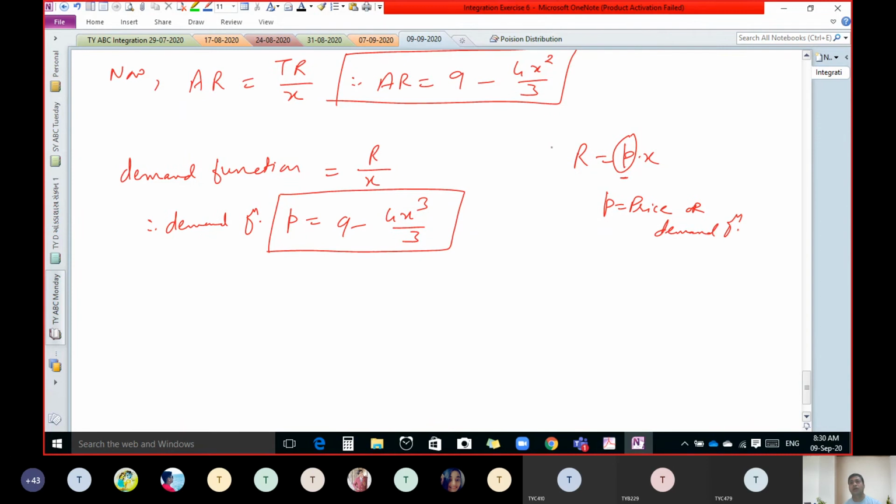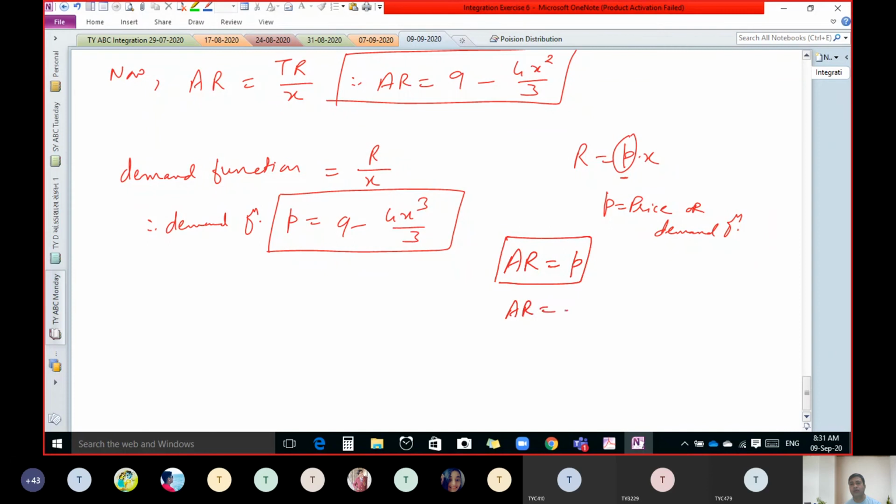No doubt, we see R equal to P into X. So whatever your revenue divided by X, we get P. P is what? Price. If it is total revenue upon X, then this total revenue is P into X, and if we cancel X, we get P. So we can say that average revenue is the same as P, that is the demand function.